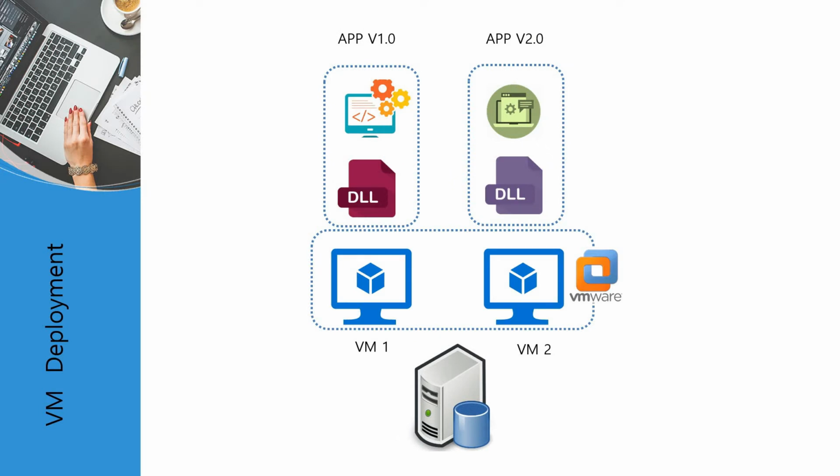In the next evolution deployment model, we saw hypervisor tools like VMware. Using VMware, we can easily spin up virtual machines. So virtual machines were spun up based on the OS requirements, like either it could be a Windows or a Linux machine. And each application can be installed on individual virtual machines.